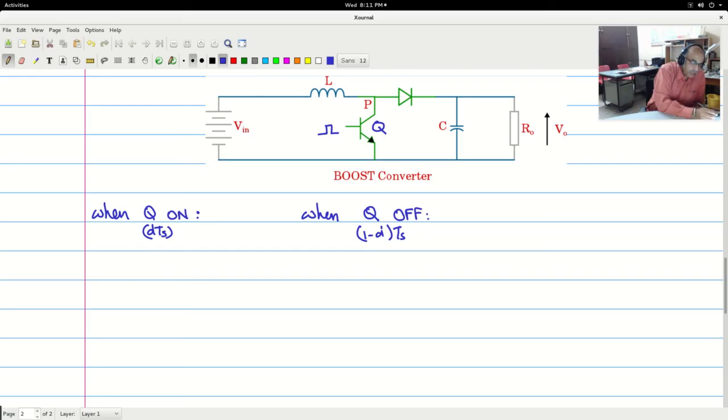So during the period when Q is on, this is connected directly to the ground, so potential at P is 0.